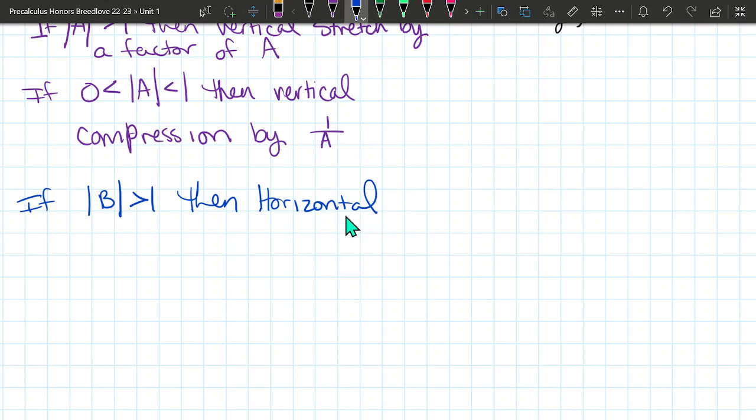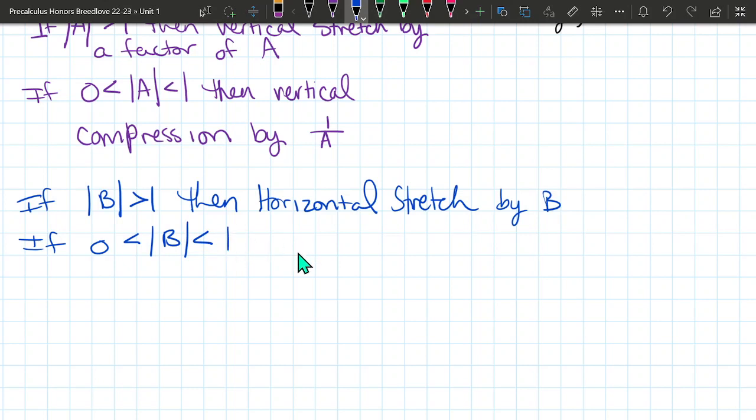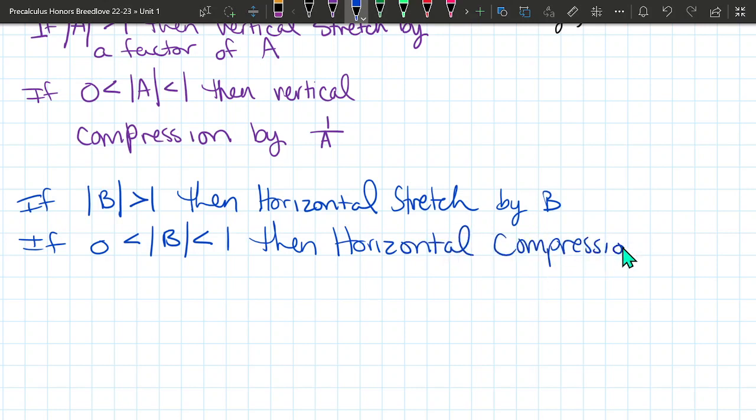Yeah. By a factor of b, and if 0 is less than the absolute value of b, is less than 1, then horizontal compression. Exactly, horizontal compression by 1 over b.